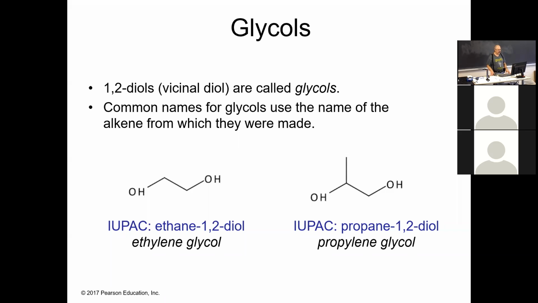They have 3 properties that suit them to this purpose. Because of the 2 alcohol groups, you have a lot of places for hydrogen bonding, so that means a high boiling point. Whereas water boils at 100 degrees Celsius, ethylene glycol boils at about 189 Celsius.